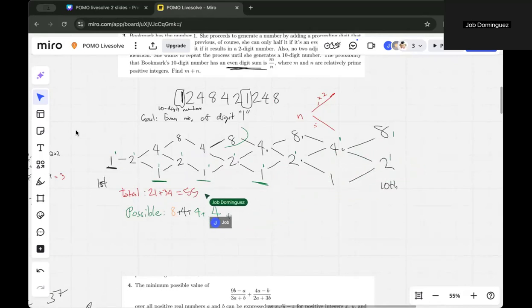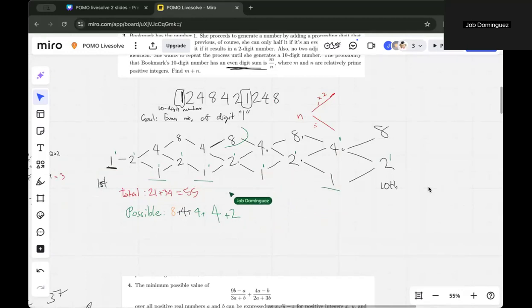Then let's say for another case of numbers here. We can check this one maybe and see what happens here.